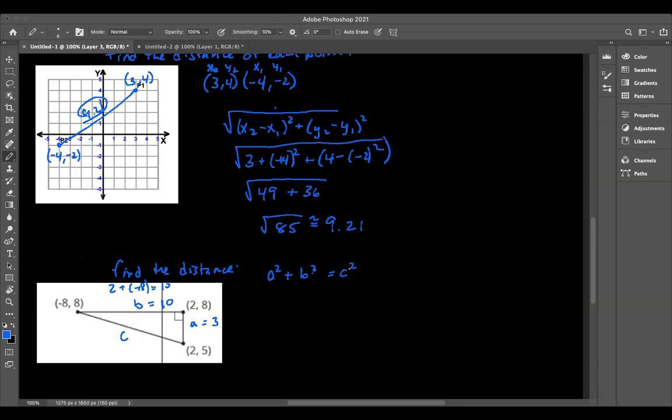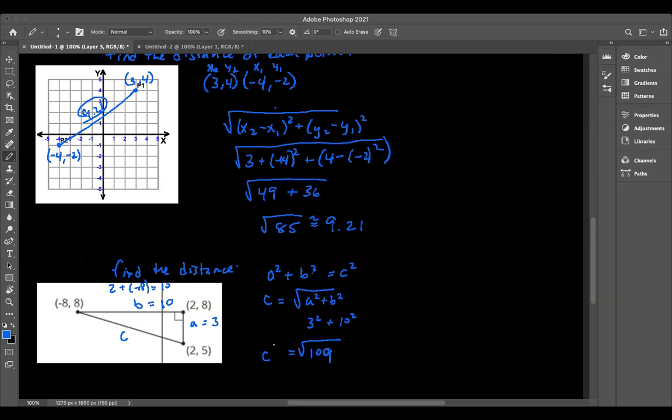Remember what we said the rule was: C equals the square root of A squared plus B squared. So you can just take 3 squared and 10 squared, and that would give us 109. So the square root of 109.